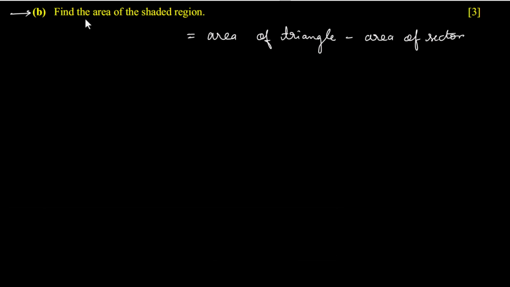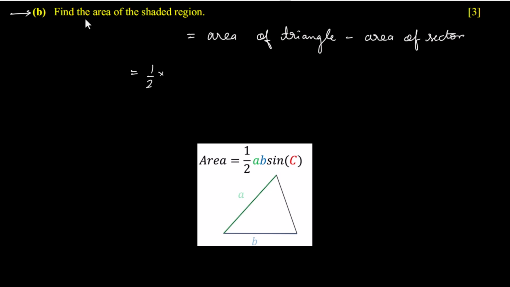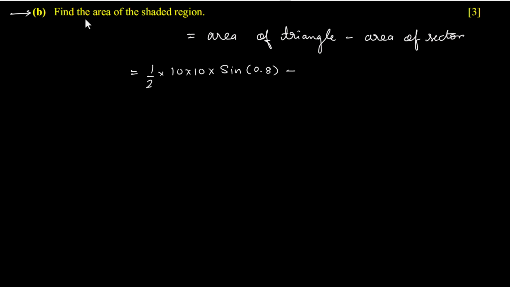The area of a triangle is half ab sine theta, the half product of the two adjacent sides and the included angle. So it is half times 10 times 10 times sine of 0.8 radians, minus the area of the sector.